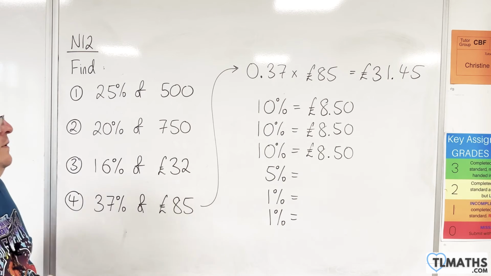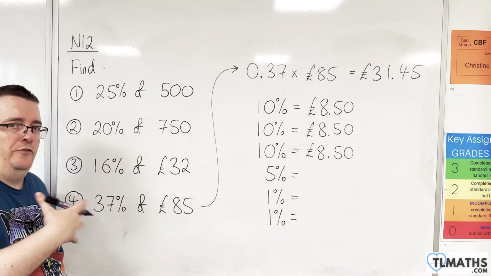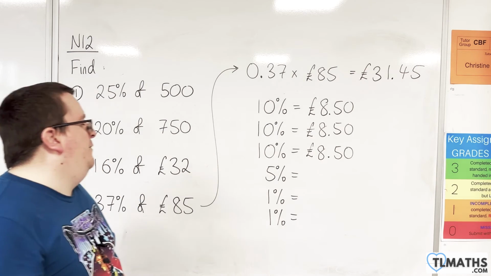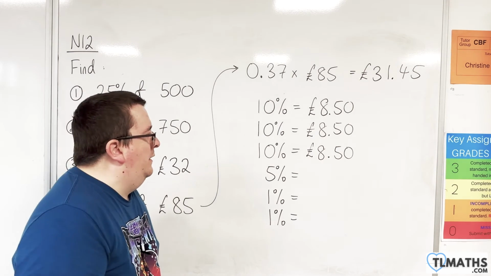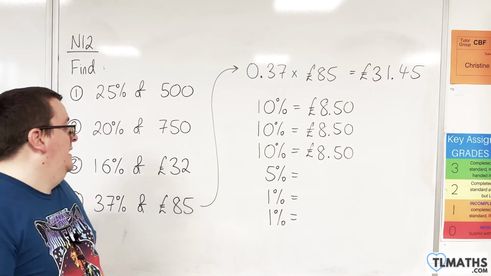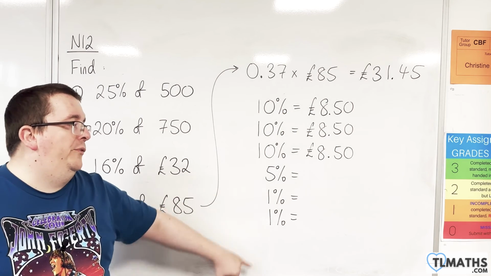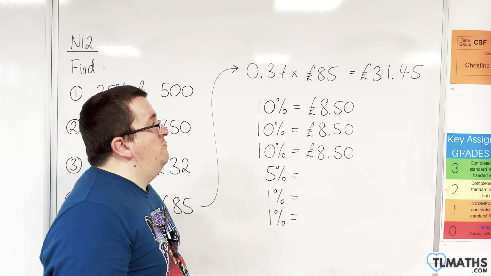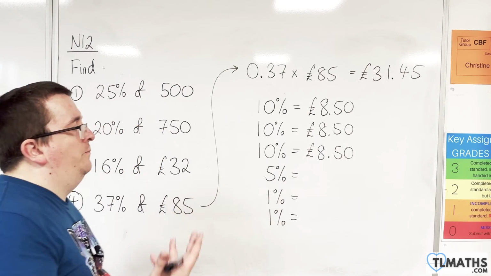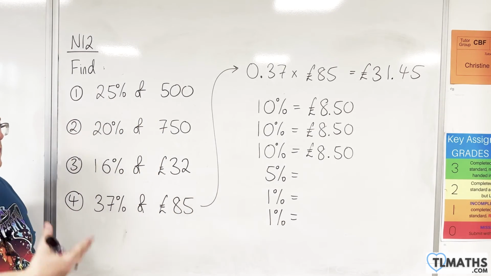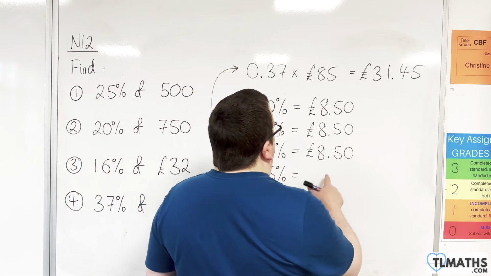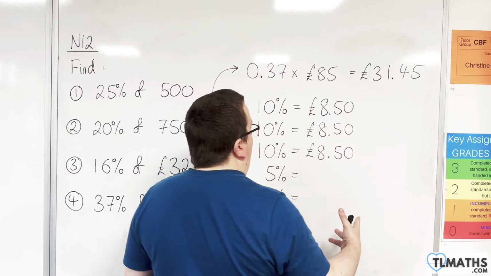Not the way that I would think is particularly good for long-term problems. Then we've got to find 5%. Now, some people might actually end up finding 1% 7 times here and adding them all together. This is where real problems start to lie, because the adding together becomes quite long and arduous, and it's prone to error. So 5% is half of this, so £4.25.